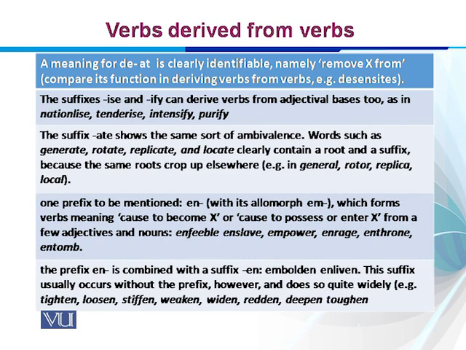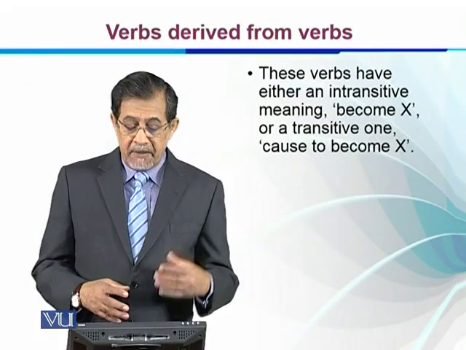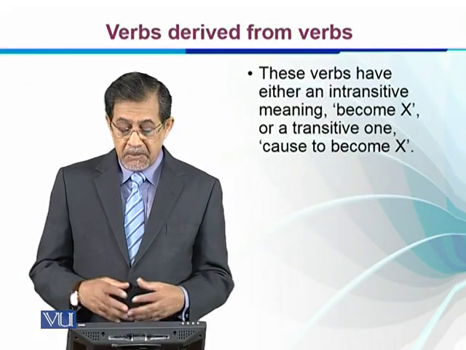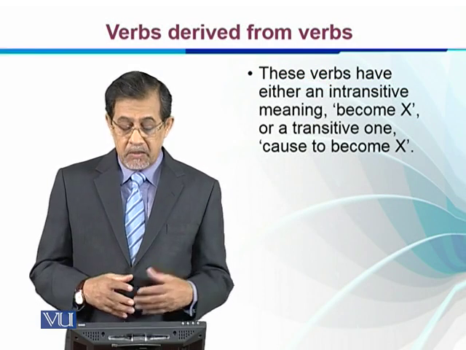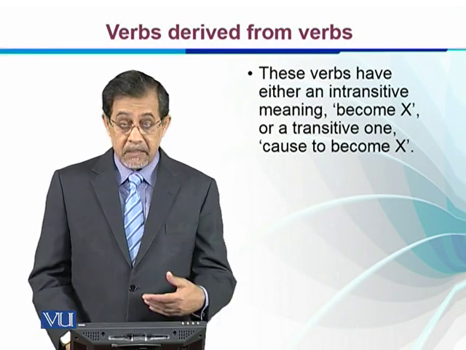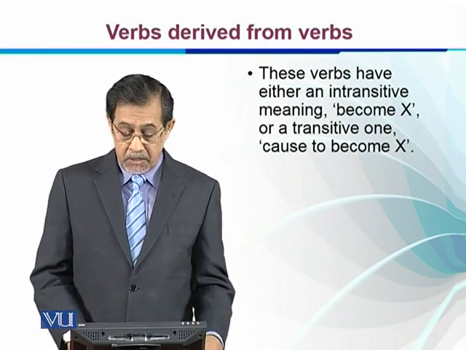However, it must be taken care of that this addition is not at random. It goes with certain words and it does not go with certain words. These verbs have either an intransitive meaning, become X, or a transitive one, cause to become X. All the verbs that we have just talked about.